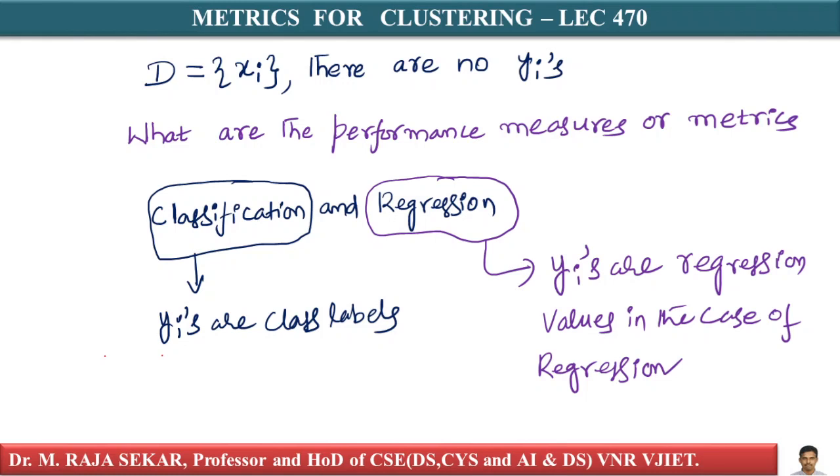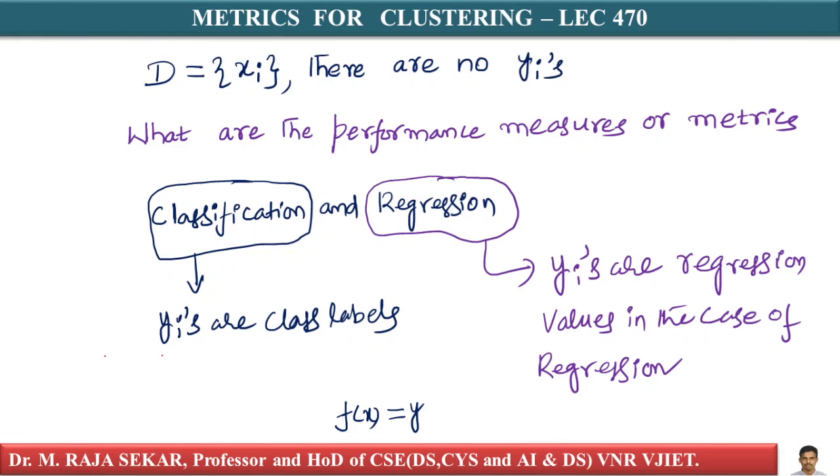In some books, they are often referred to as ground truth. Given x, we have to determine what y is. That's what the whole of classification and regression is about.